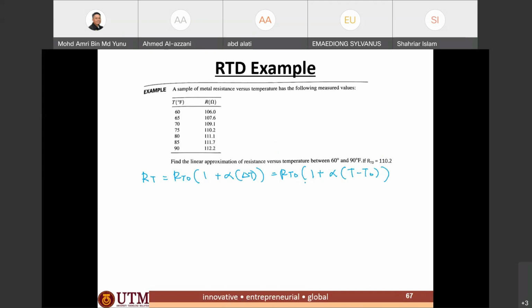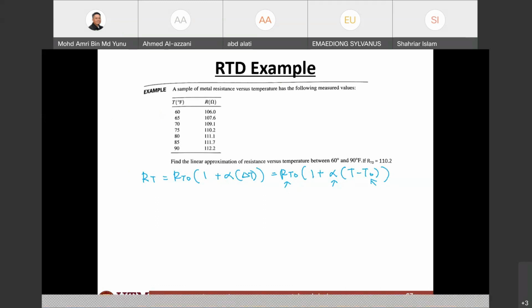So we need to find a few parameters here, like R T naught, alpha, and T naught. Like I mentioned before, R T naught is the reference, and usually we can choose it at the reference.